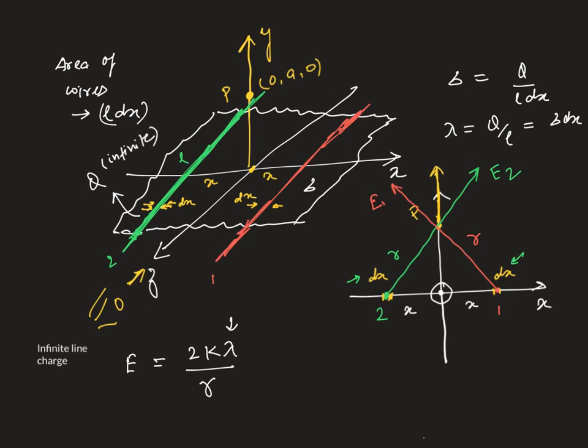From the above equation you can easily see, in order to find out lambda you find out sigma into dx, so you replace it: 2k sigma into dx upon, now what is the distance r? If you might notice that the point P here is at a distance a, and this distance here is x, so r is the hypotenuse obviously, so that will become equal to root under a square plus x square.